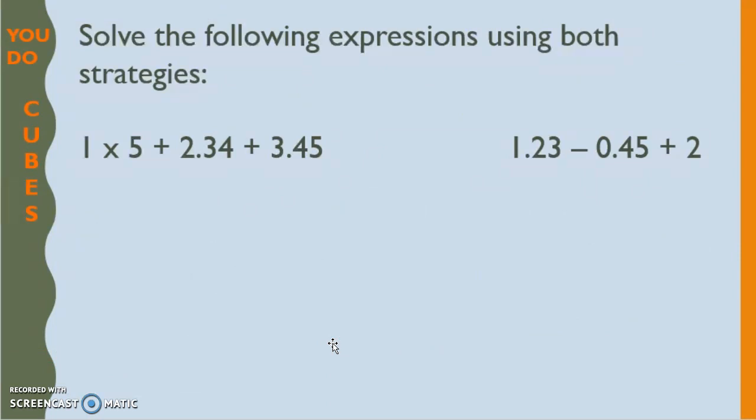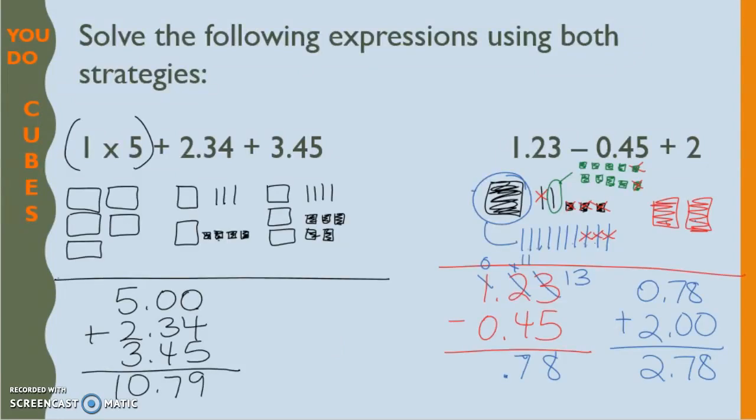Pause the video now. Okay, boys and girls, here are the problems solved using base 10 blocks and the standard algorithm. Please remember that in these problems, a flat equaled 1, a long, instead of equaling 10, equaled a 10th, and a cube, instead of equaling 1, this time it was 1/100th.